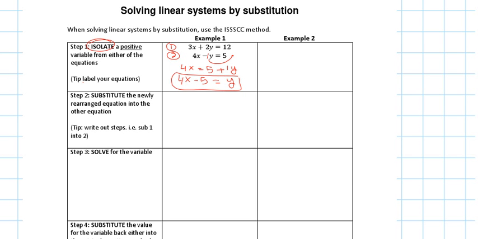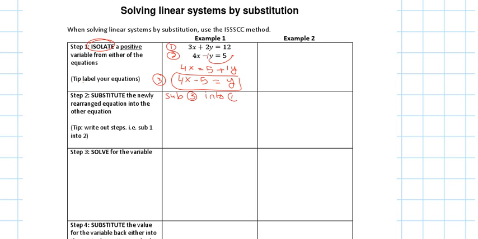So now I'm going to get my substitution step in. Because I know that y equals 4x minus 5, I want to sub in this value, the 4x minus 5, where y is in the first equation. So I'm replacing that y with its value. This is going to be equation number 3, and we're going to sub equation 3 into equation number 1.